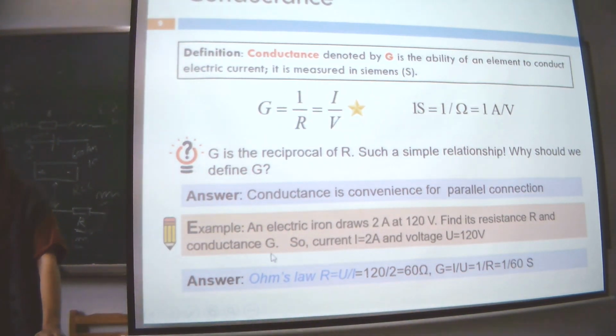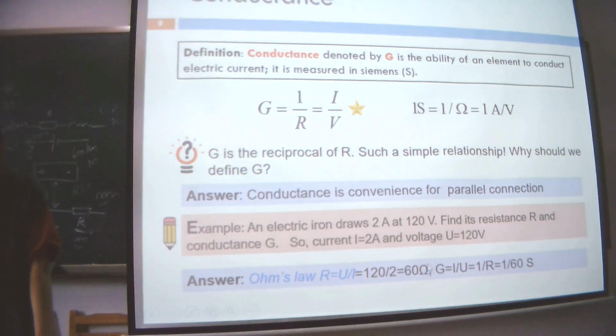Here is the example. We have an electric iron that draws 2 ampere at 120 V. Please find the resistance R and conductance G. Our current I equals 2 ampere and our voltage V equals 120 V. Put it inside Ohm's law, 120 here, 2 here.